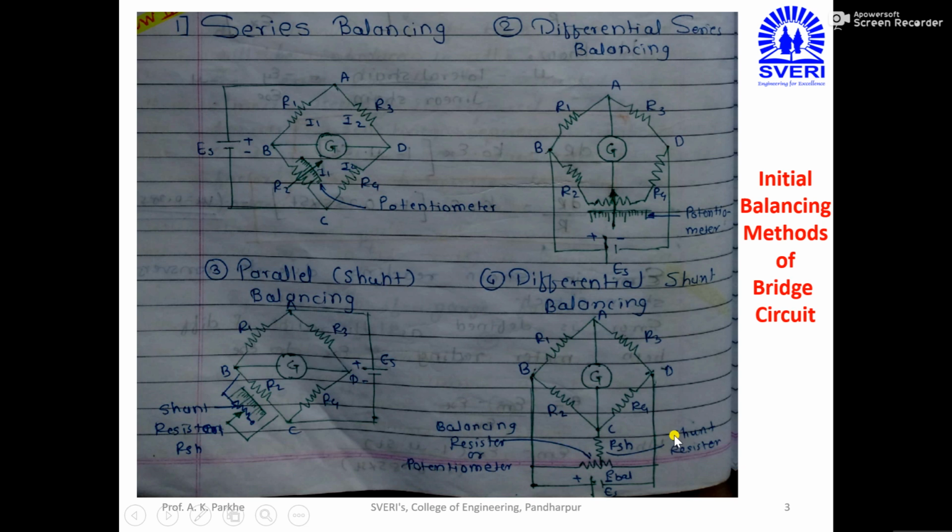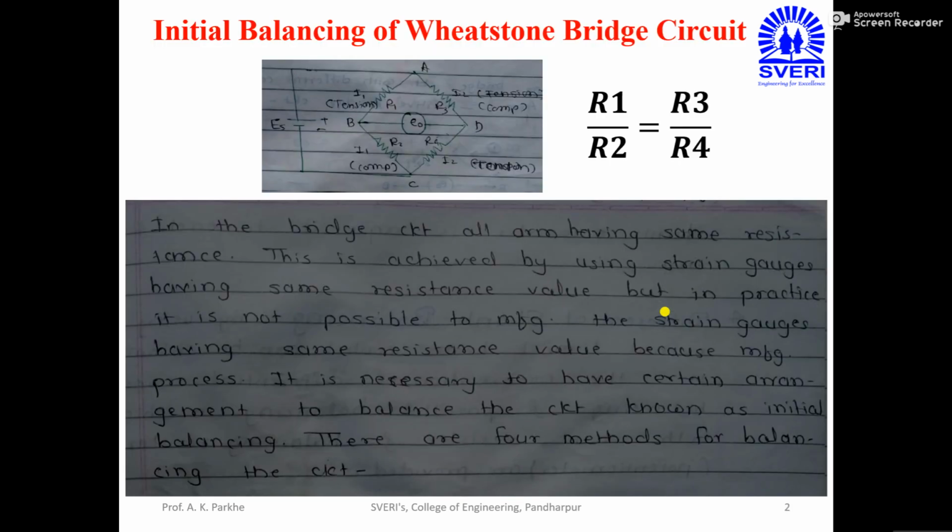At the same time, by using the shunt resistor, the fine control arrangement is also possible. And whatever disadvantages are there for the series balancing, differential series balancing and the shunt balancing, all these disadvantages are eliminated by using the differential shunt balancing. So this is about the 4 methods of the initial balancing of the bridge circuit.